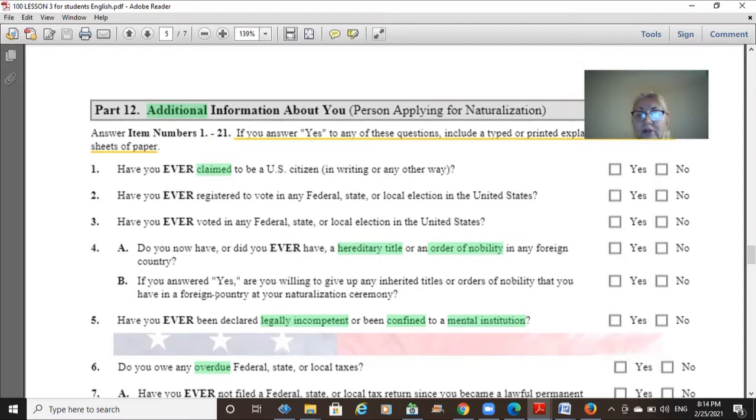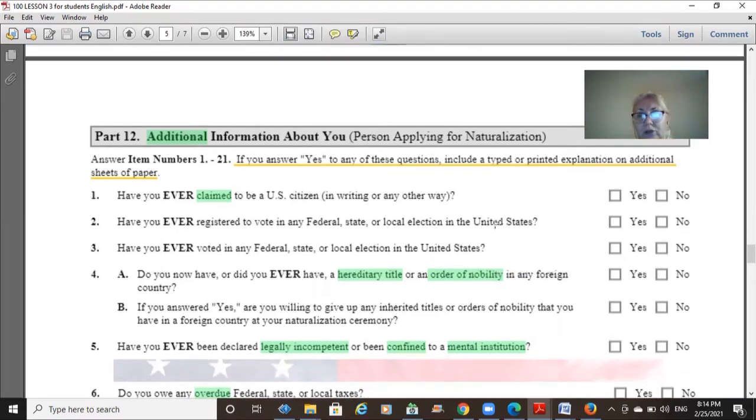And all of these words I explain on the bottom after we look at the part below the picture of this part of N400. And I also would like you to pay attention to the underlined sentences because these contain some important information.